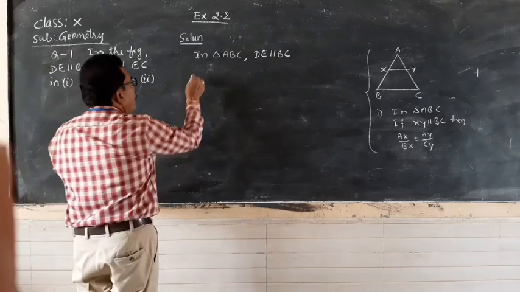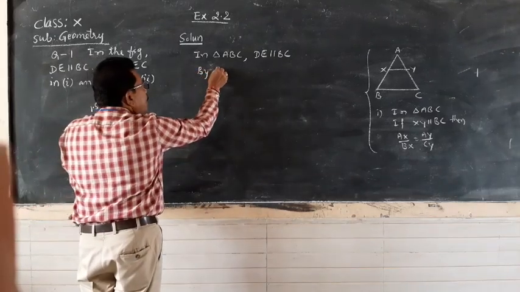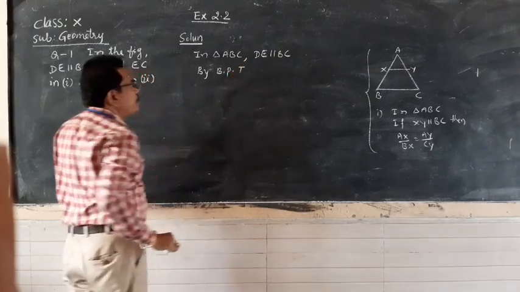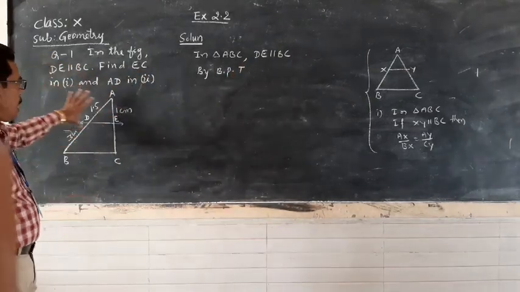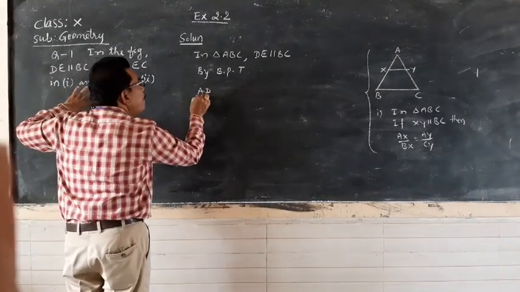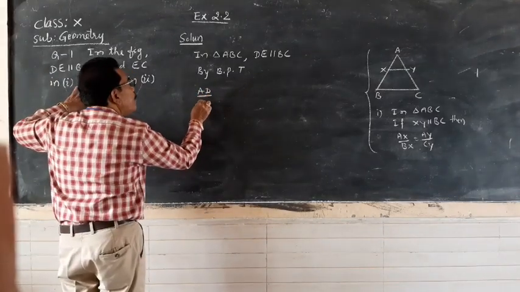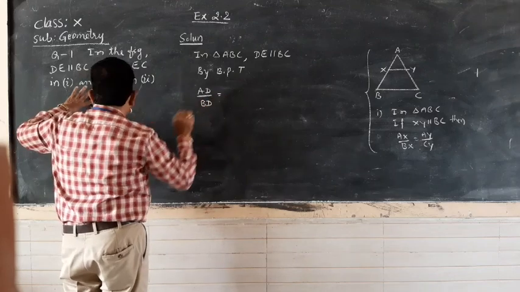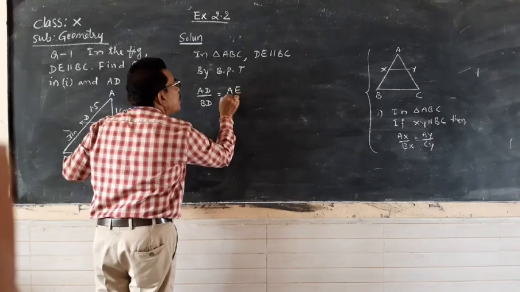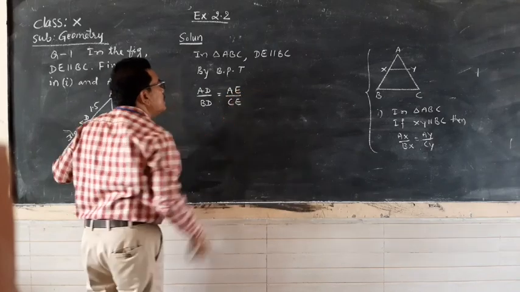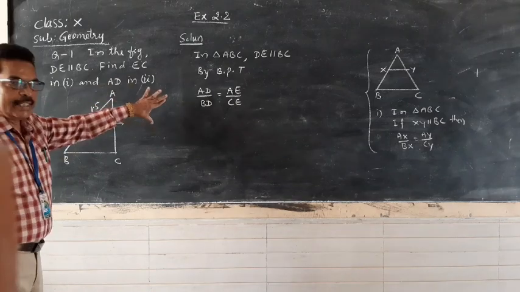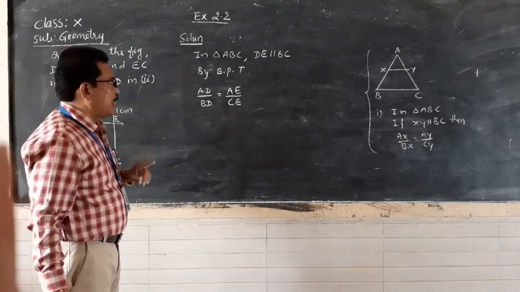Okay, now by the basic proportionality theorem, AD by BD equals AE by CE. This is the proportion according to Thales' theorem or the basic proportionality theorem.